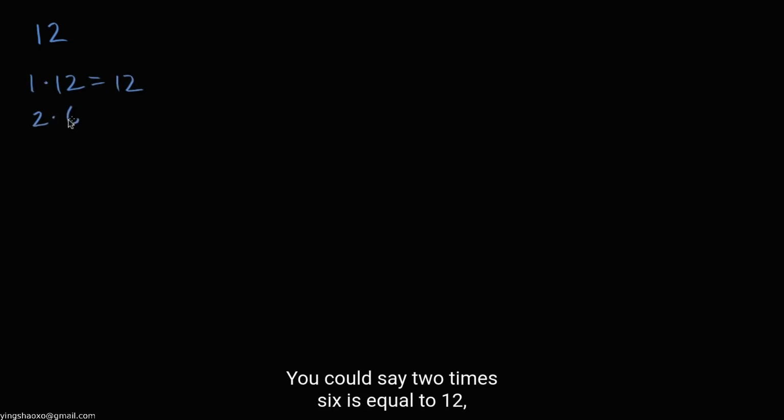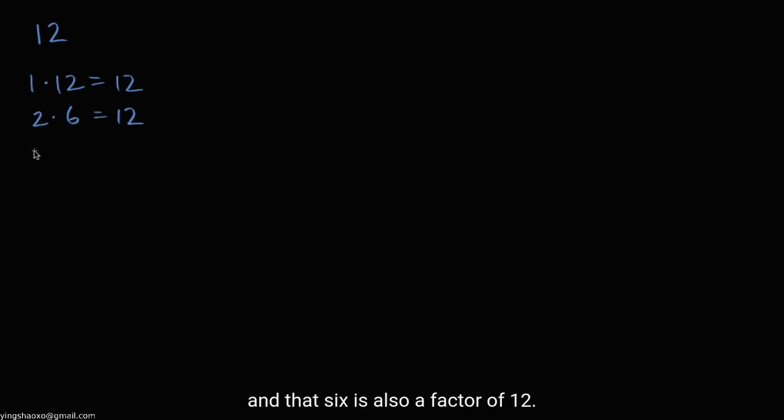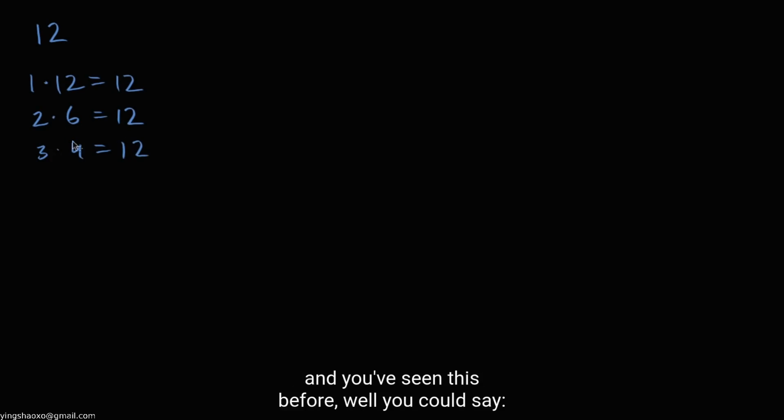You could say 2 times 6 is equal to 12. So you could say that 2 is a factor of 12, and that 6 is also a factor of 12. And of course, 3 times 4 is also 12. So both 3 and 4 are factors of 12. So if you said, well, what are the factors of 12? You could say 1, 2, 3, 4, 6, and 12. Those are all factors of 12.